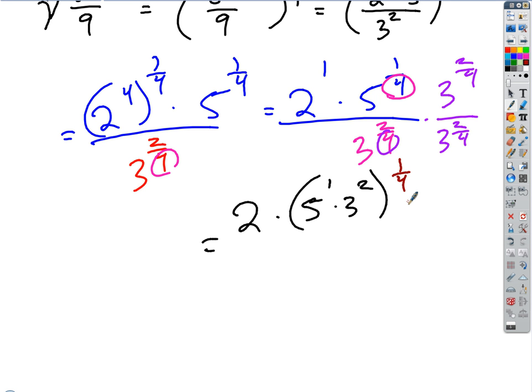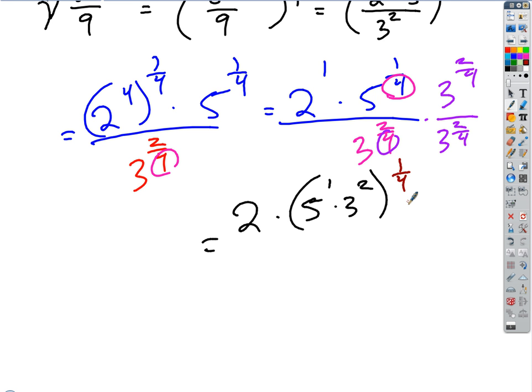Why did you do that? Because otherwise I can't add them up, since they're not like bases. See what I'm saying? I've got to be able to write this in terms of a like exponent.